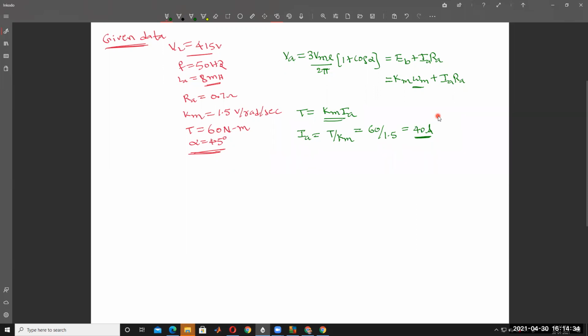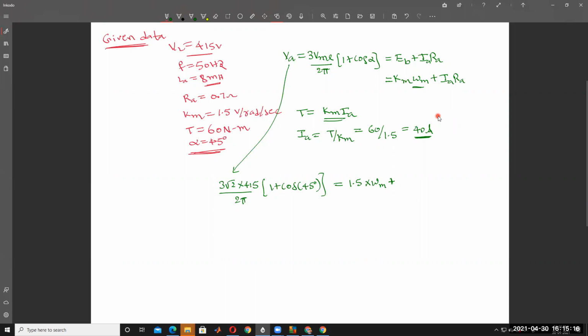So from this relation: 3 root 2 into the maximum value of line voltage, that is 415, divided by 2 pi, and then (1 plus cos 45 degrees), is equal to Eb, which is Km, 1.5, into omega m, plus Ia into Ra.